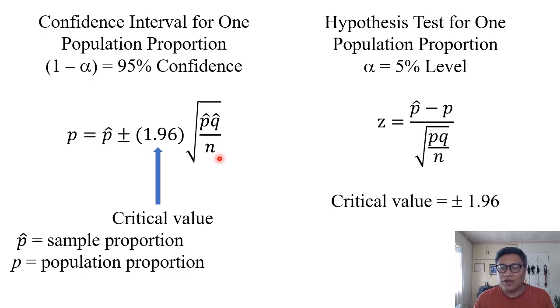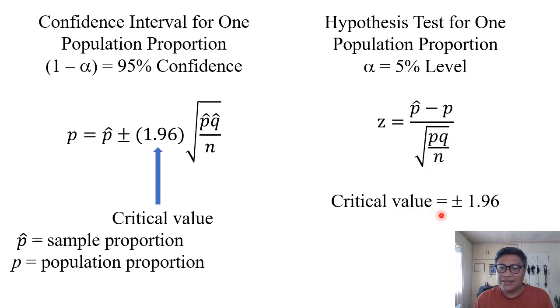Now, when you look at the formula for the z-test for population proportion, we need to take the difference of the sample proportion and the hypothesized population proportion p. However, class, there is a slight change. Your standard error now, instead of the sample proportion, we use the population proportion, or the hypothesized population proportion, as part of your standard error.